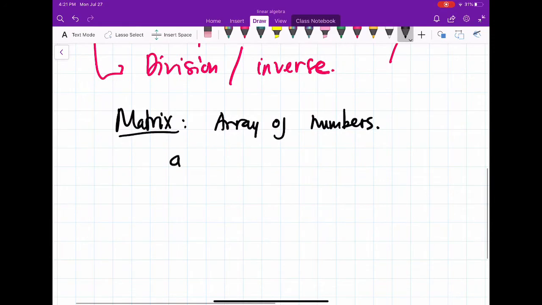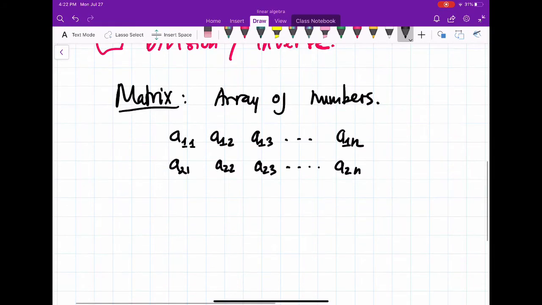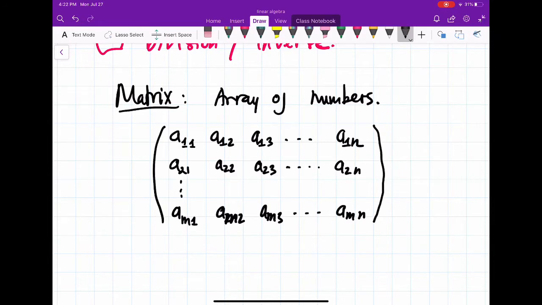Let's say you have A11, A12, A13, and so on, A1n, and then A21, A22, A23, and so on, A2n. That is on the second row. And if the matrix has m rows, so I write Am1, Am2, Am3, and so on, Amn. Okay, so this is just an array of numbers.